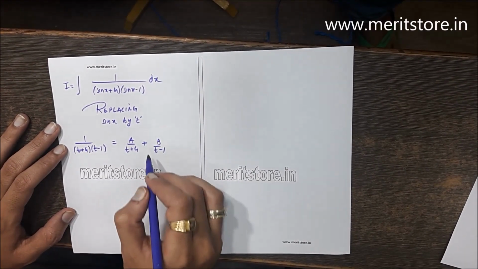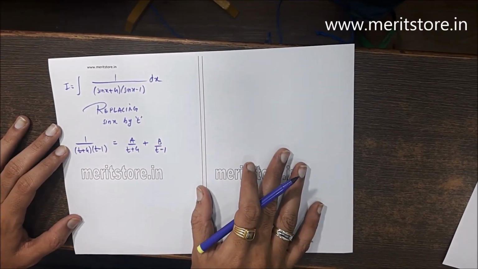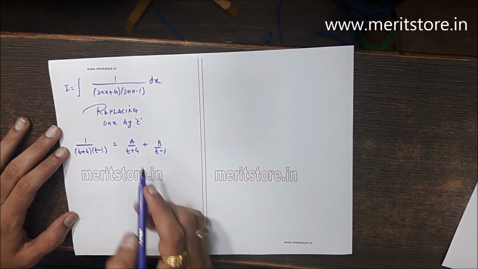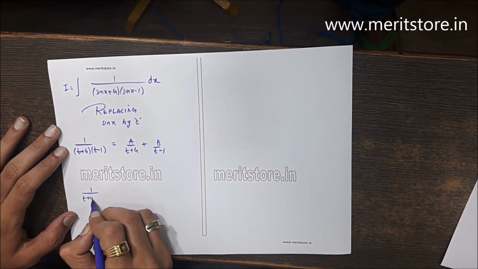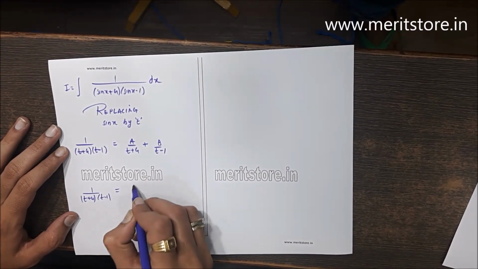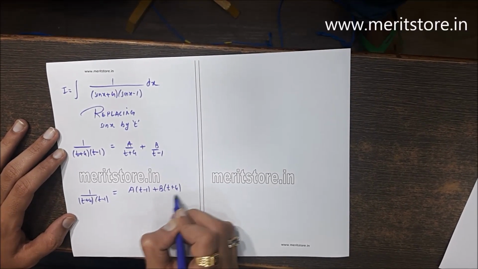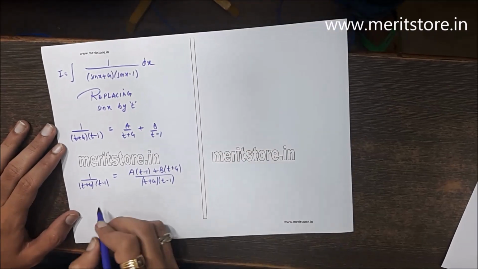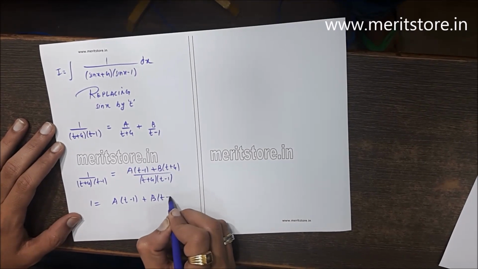And on solving this entire partial fraction, what we'll get is 1 upon (t plus 4) into (t minus 1) equals a into (t minus 1) plus b into (t plus 4) upon (t plus 4) into (t minus 1). Simplifying, 1 equals a into (t minus 1) plus b into (t plus 4).